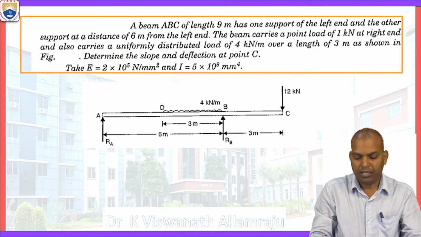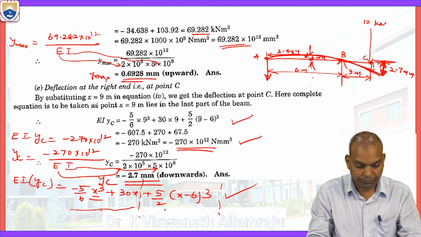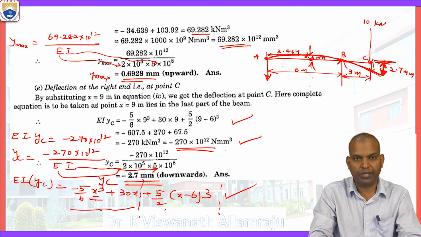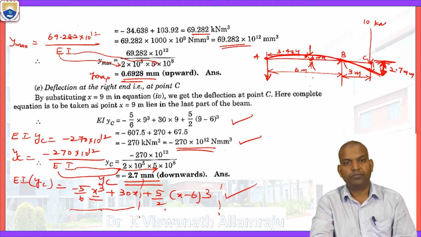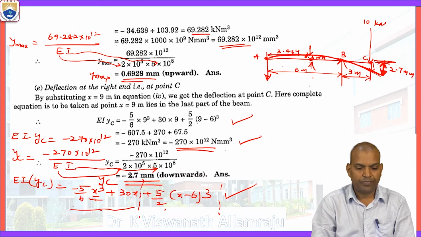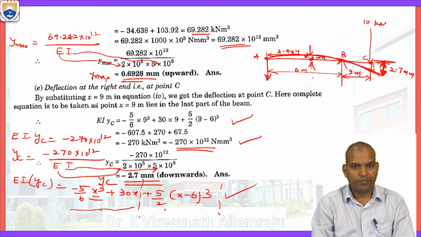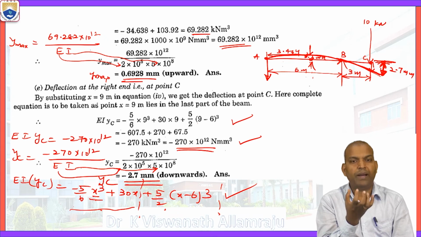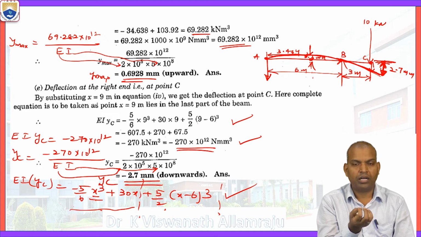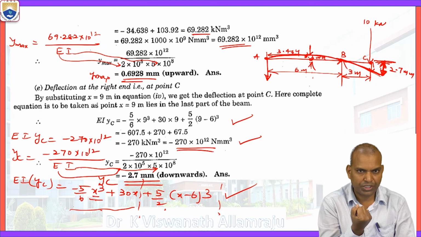Okay, so this problem is so important. In this problem we used Macaulay's method for an overhanging beam and calculated the deflections, maximum deflection, and also the location of the maximum deflection.